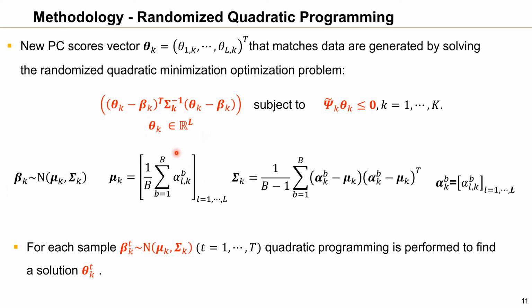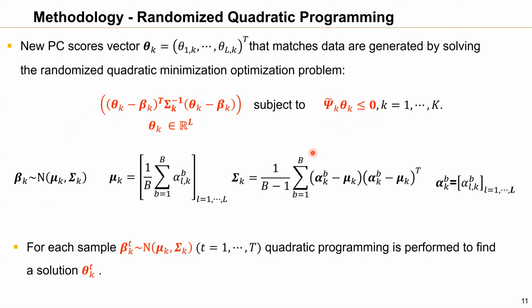So this is the average of the unconditional PC scores, and this is the covariance matrix of the unconditional PC scores. So for each sample beta tk here, we are going to use quadratic programming to generate a theta t that minimizes this quadratic form and also satisfies these inequality constraints. And this is how we are going to generate the PC scores that match the data.